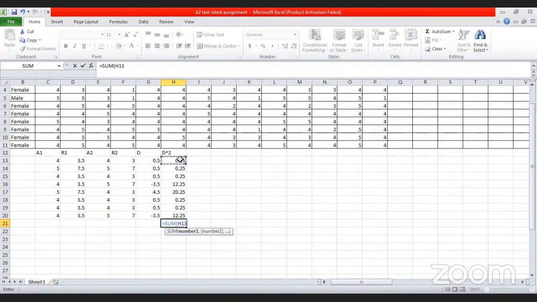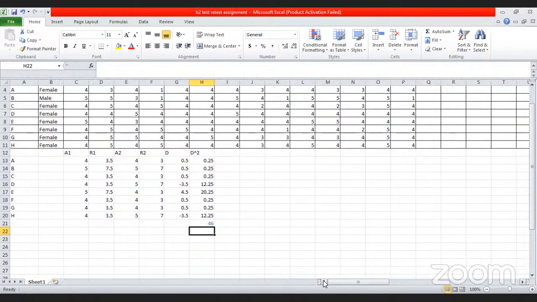I have to select the cells, bracket close, enter. I got the total of the d square, summation d square, that is 46. Okay? Clear? Please tell me.